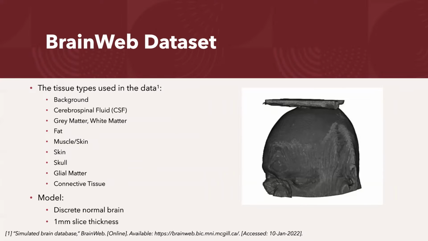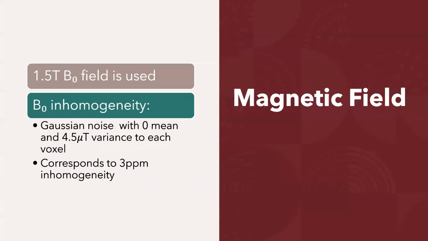As a data set, we have used the discrete normal brain data set of BrainWeb, and it has 1 millimeter slice thickness. In terms of magnetic field, we have used a 1.5 Tesla B0 field, and depending on the user input, B0 inhomogeneity can be applied as Gaussian noise with zero mean and 4.5 microtesla variance on each voxel, which corresponds to 3 ppm inhomogeneity.